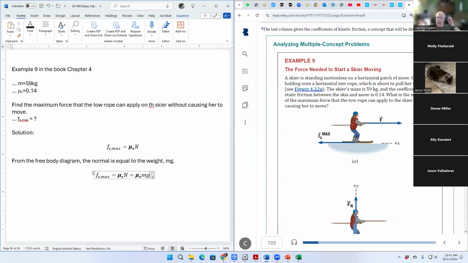And now it's just a matter of plugging in the numbers and finding out this maximum value of the force. So it should be 0.14 times 59 times 9.8.